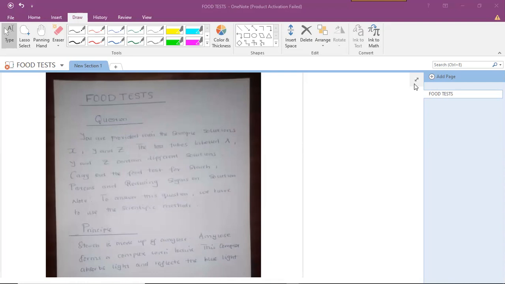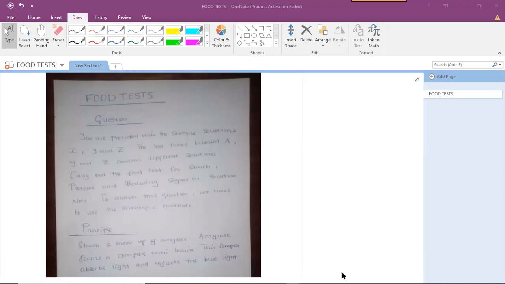Then the third type of experiment will be in genetics, where we're going to look at modes of inheritance, so complete dominance, incomplete dominance, and codominance, because you might be given a black and white leaf, and you'll be told to determine what type of inheritance is observed. So let's start off with food tests.